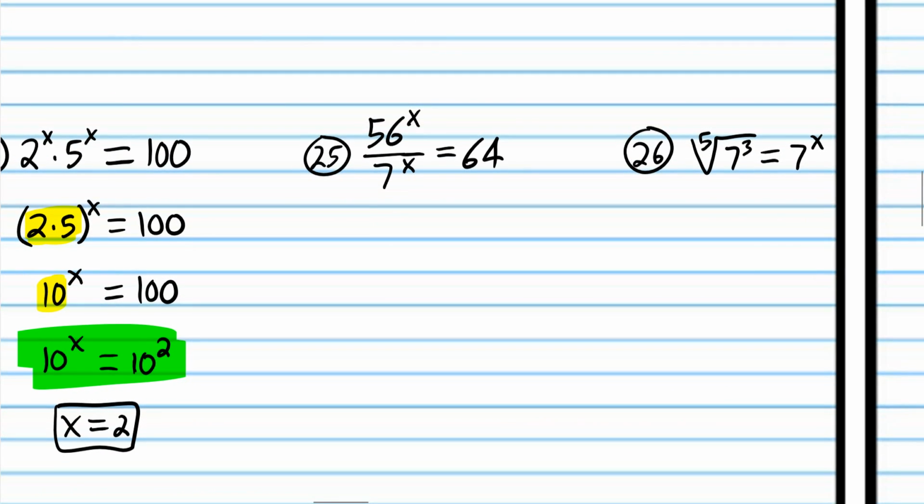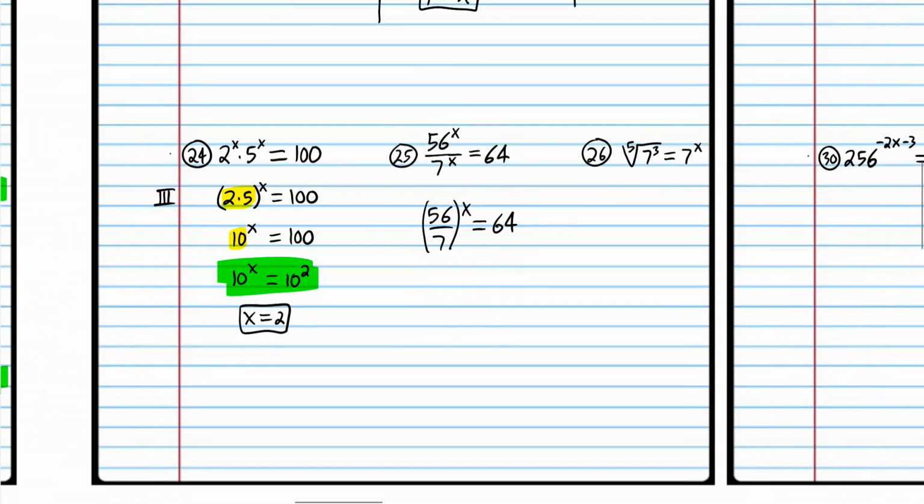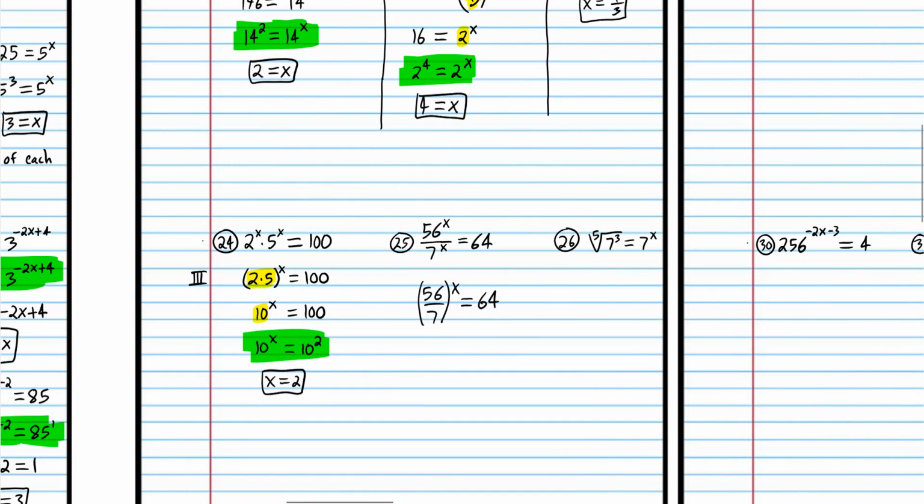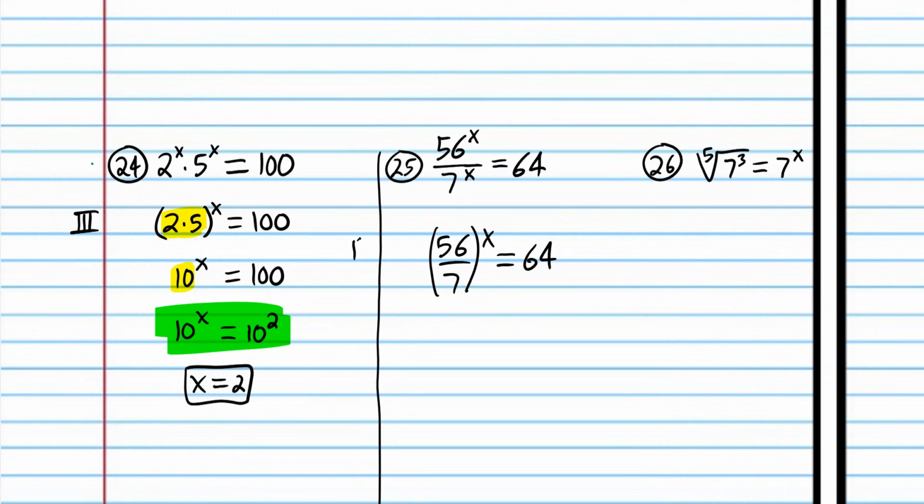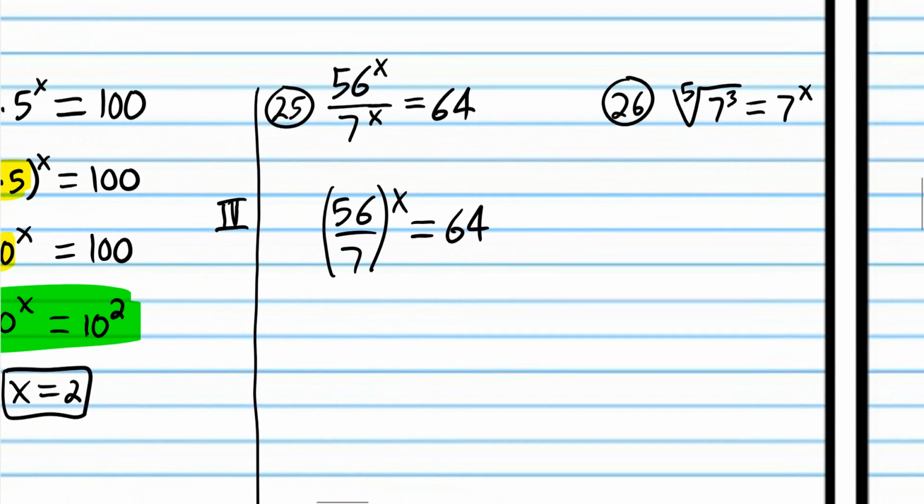All right, we're back. So we're going to get 56 over 7, all raised to the x power. That's rule number 4. Make sure you're writing these Roman numeral rules.